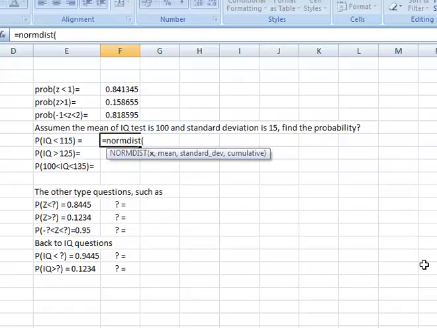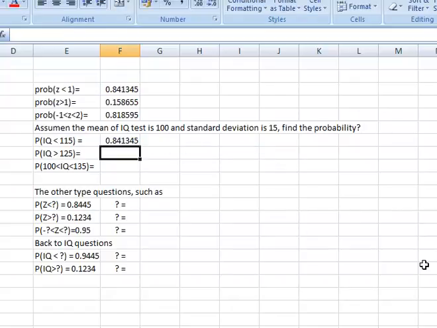And then we put the number 115, comma, mean 100, standard deviation 15, and cumulative value 1. 1 is just a logic number. So that's the probability of IQ less than 115.